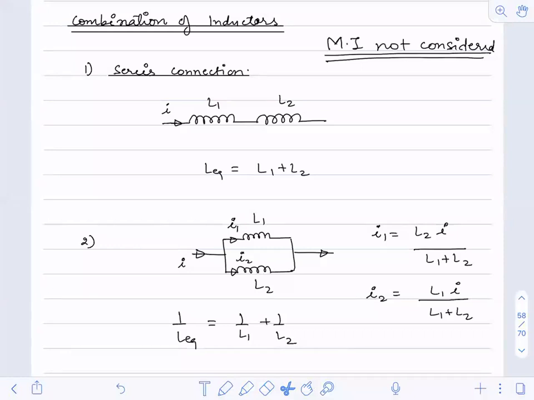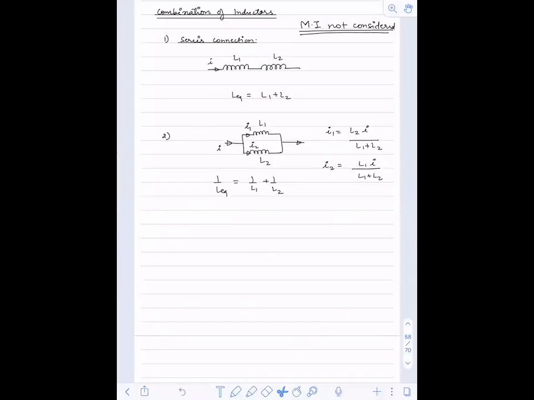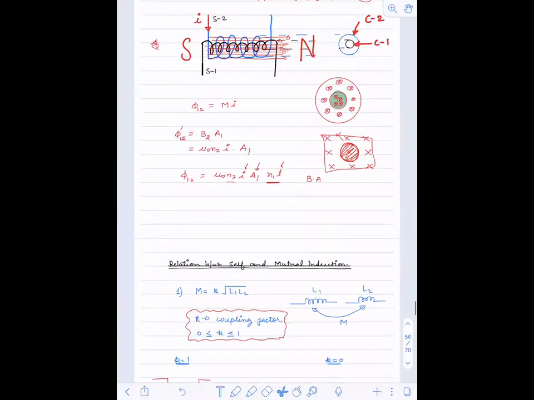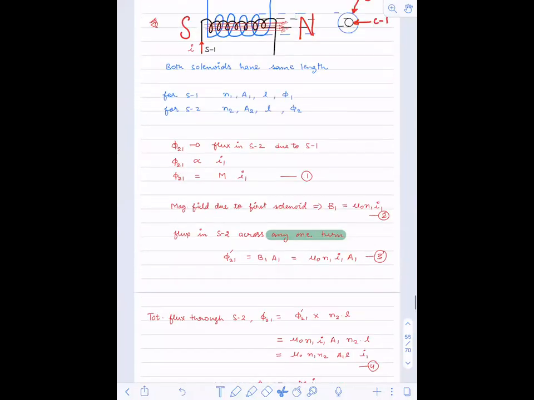Capacitor in parallel is C1 plus C2, and in series, 1 by C equivalent is equal to 1 upon C1 plus 1 upon C2. So now you can take the slides.